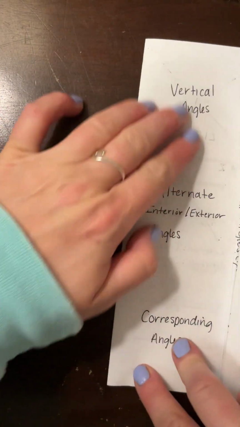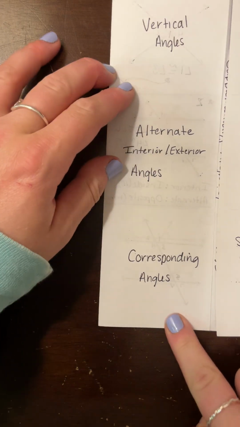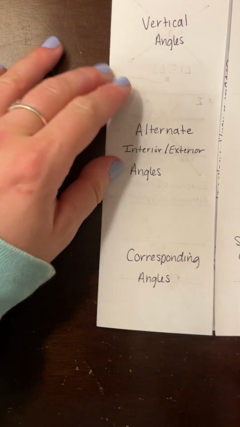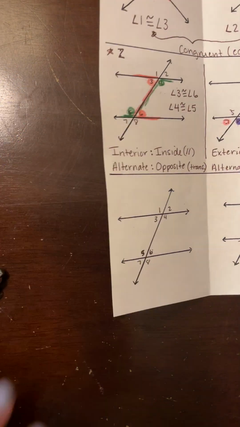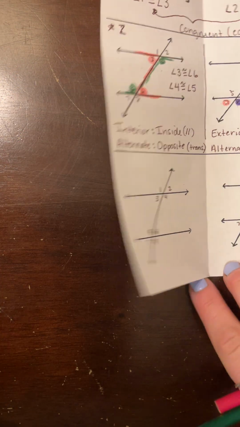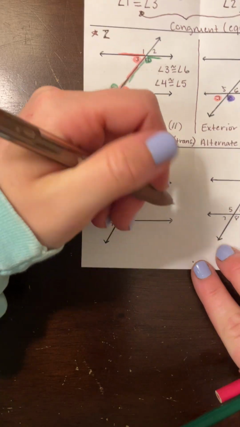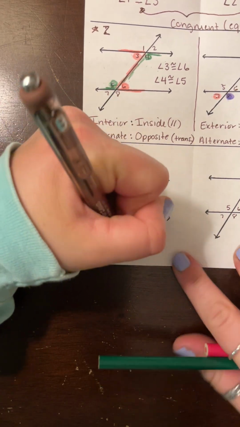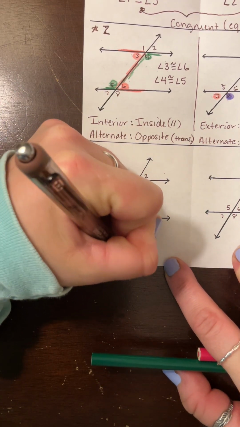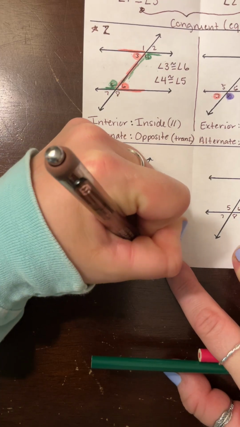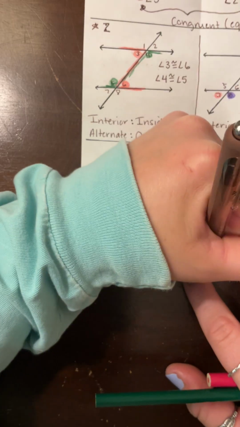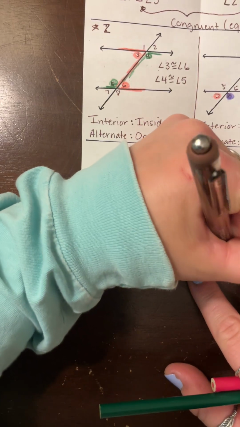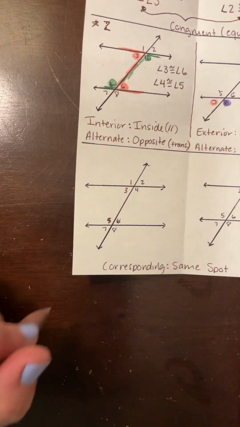All right, and now our last set of congruent angles is called corresponding angles. Now, if you know anything about the word corresponding, corresponding just means it's in the same spot.